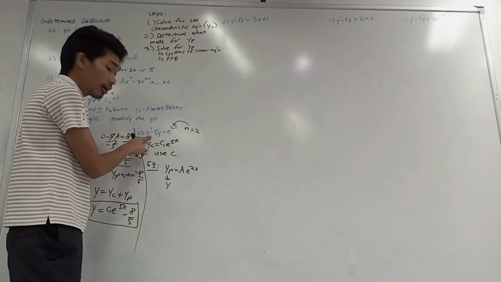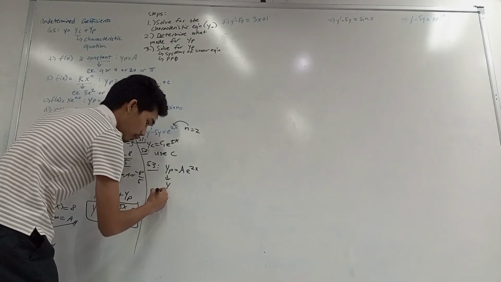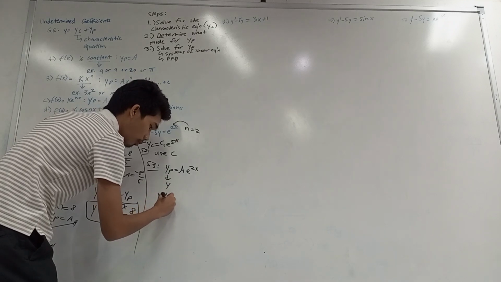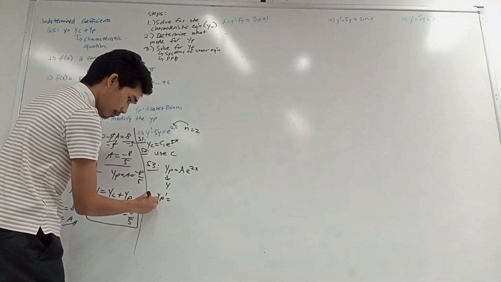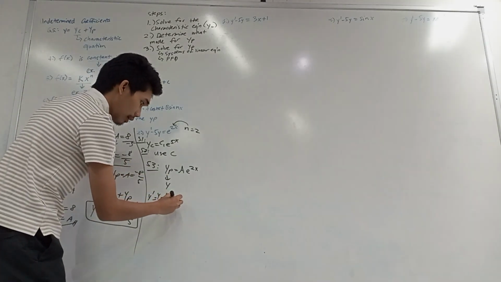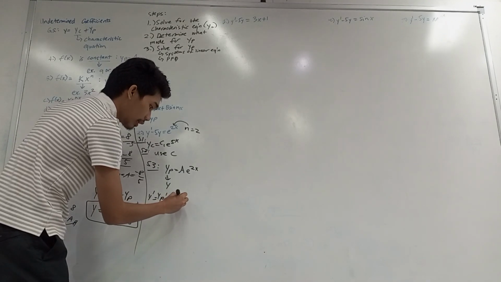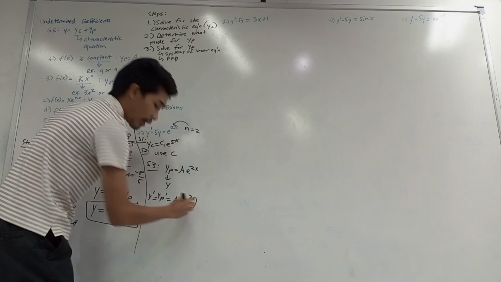Kulang tayo ngayon ng y prime. So, we solve yp prime, or yung y prime is derived here. So, derivative A times 2e^2x.